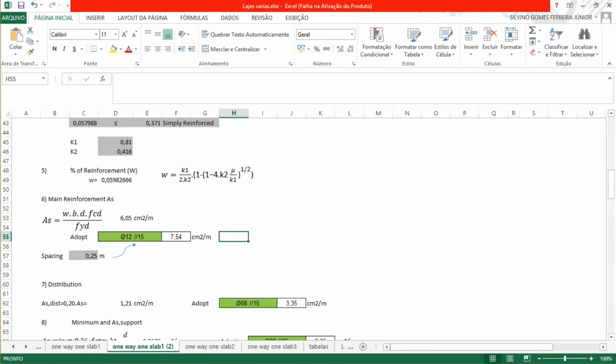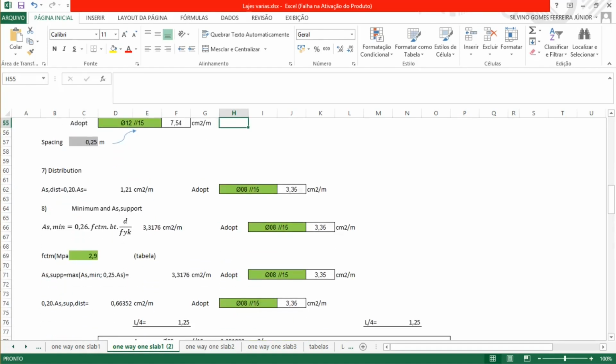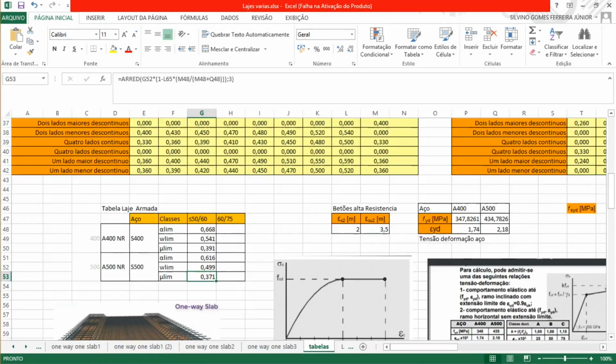And for the main reinforcement here it's okay, but we need to check the minimum reinforcement. So for the minimum reinforcement this is the equation, 0.26 multiplied by FCTM multiplied by B on traction, tension, multiplied by the effective depth divided by FYK. On this concrete FCTM it's 2.9.